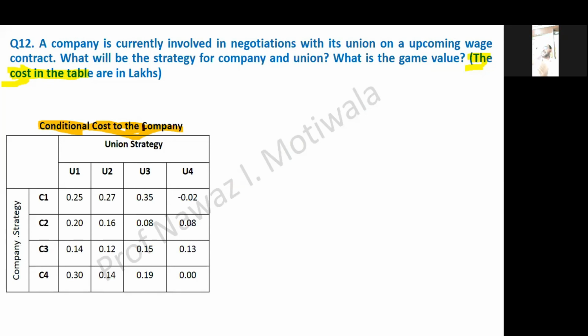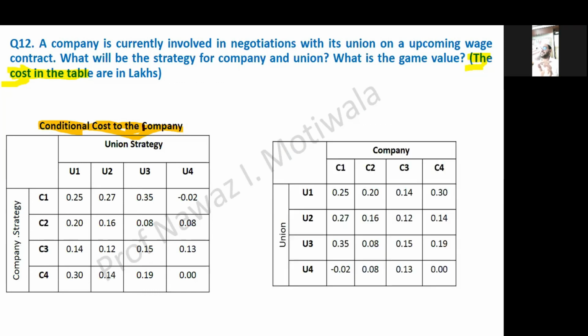We will make company strategy as player B and union strategy as player A. We will just turn the rows into columns and columns into rows. That's it. No change in values. We will just invert our matrix from rows to columns. So after doing this step, I will get this as my final matrix. You can see here the first column of union is now transferred to the first row of this.